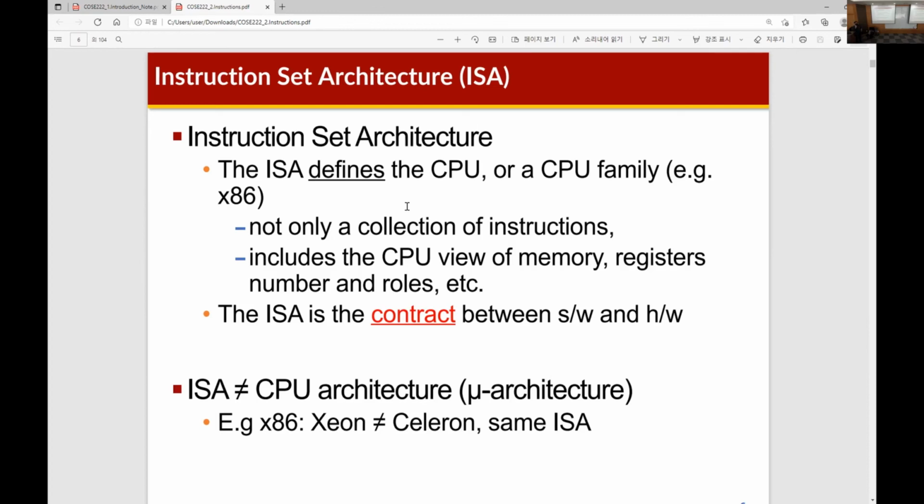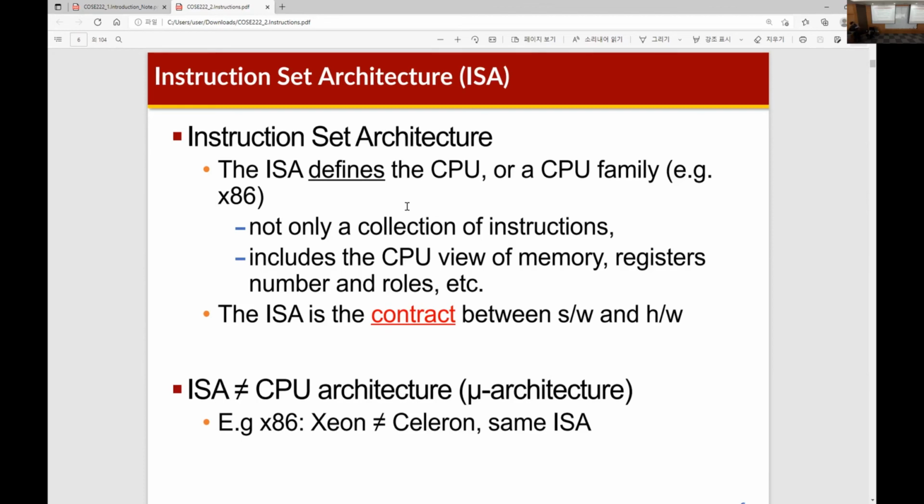And even though the source code is the same, the binary code compiled on a Mac computer does not run on an Intel-based CPU because the instructions are different. So instructions define the CPU and the CPU family. Right? Okay.